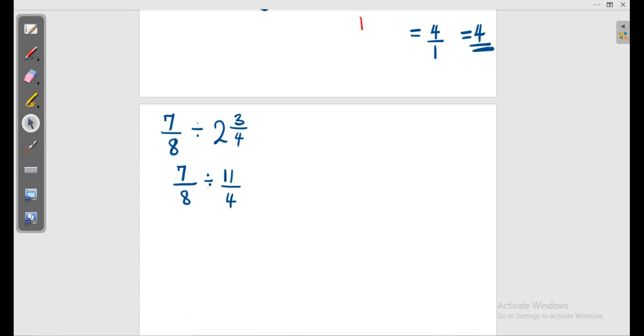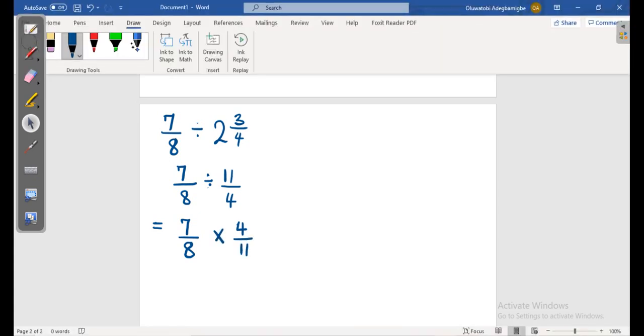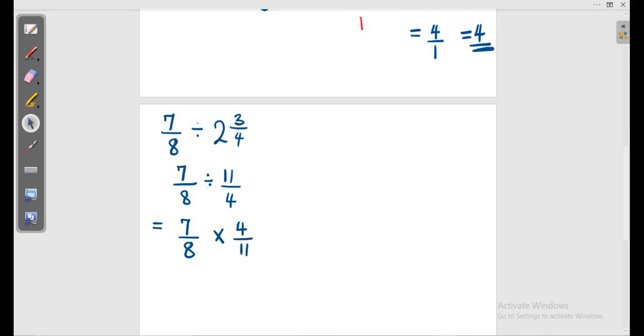So the same way, you keep your first fraction, you flip the second fraction, and you change the symbol. So, can we cut out something here? 4 here, 1, 4 here, 2. And that will give us what? 7 times 1 over 2 times 11, which will definitely give us 7 over 22.